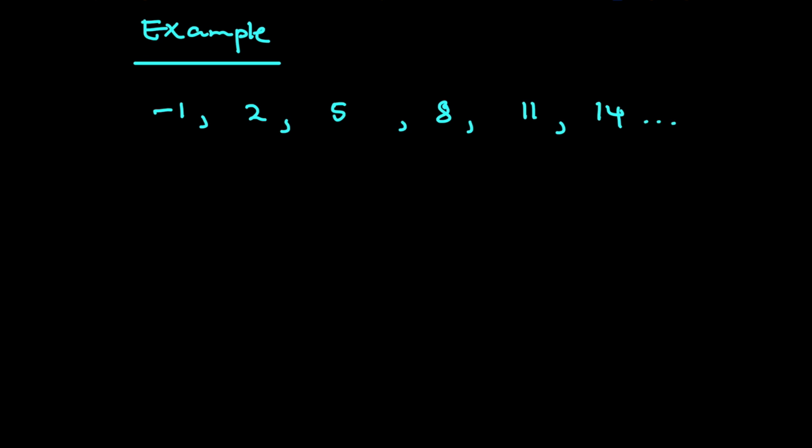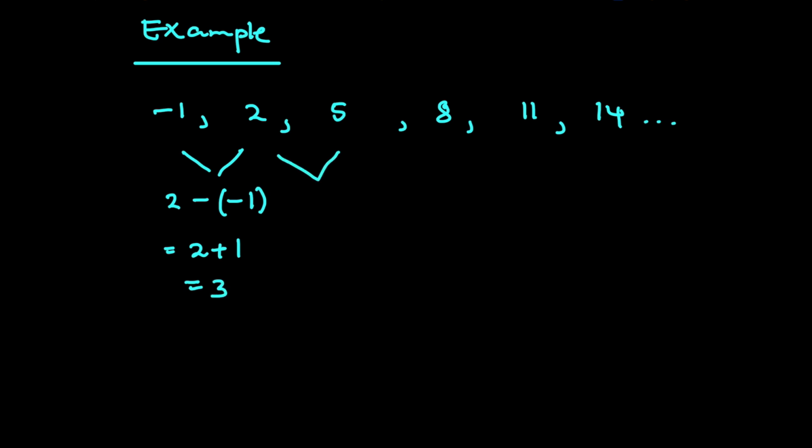First of all, let's determine, is this an arithmetic sequence? So now this is going to be the difference. When we speak of difference, we speak of subtraction. This is 2 minus minus 1, so this is going to be 2 plus 1, which is 3.